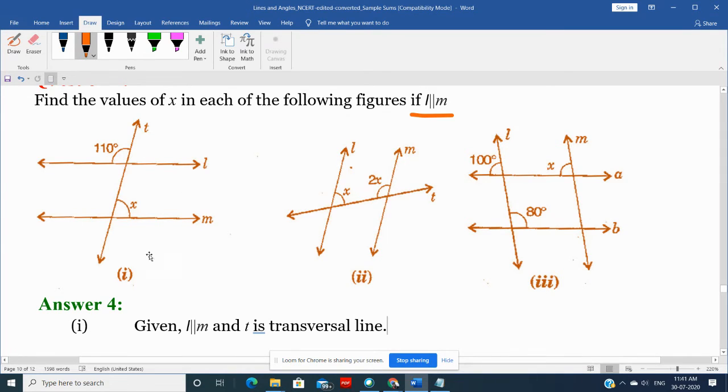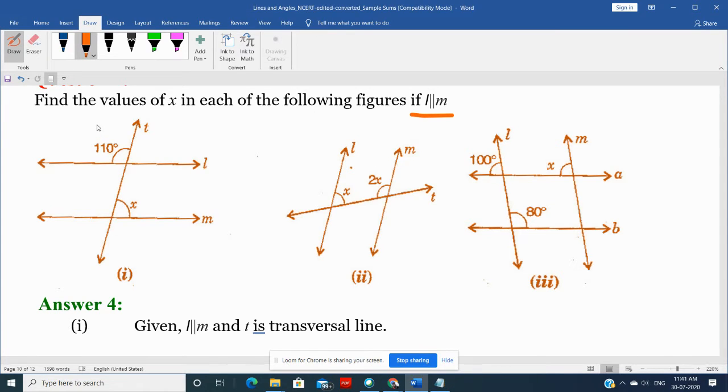So let's start. In this first figure, they have given 110 and we need to find out this x. I've already told you that whenever such questions are given, the first thing you need to do is find out the vertically opposite angle, because that makes it very easy.